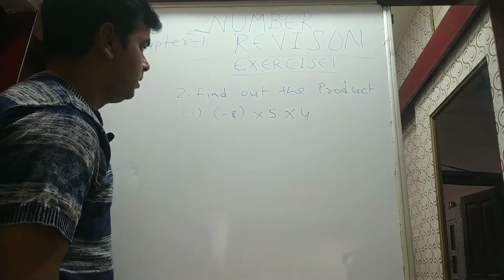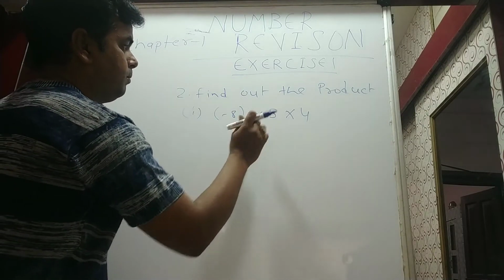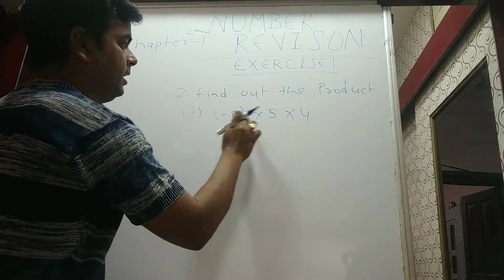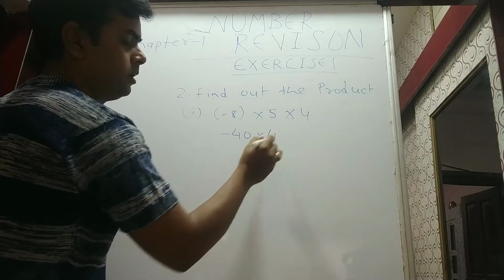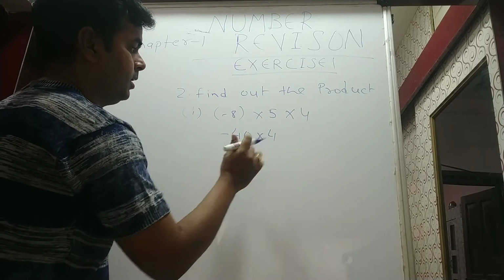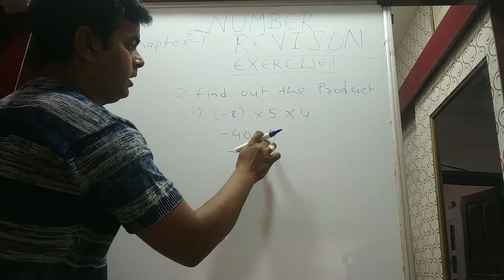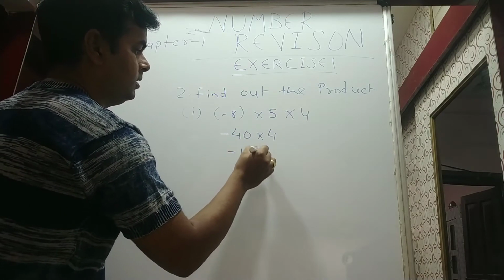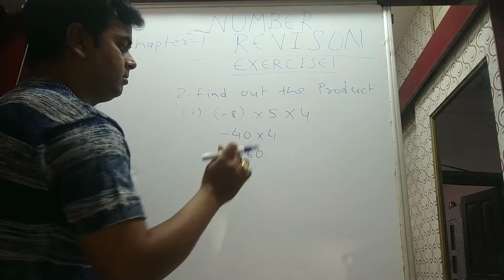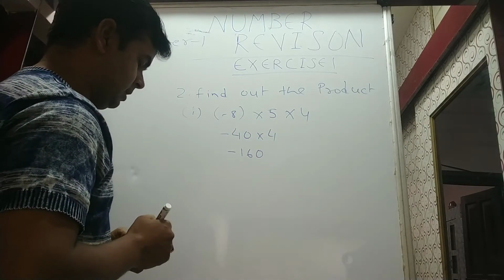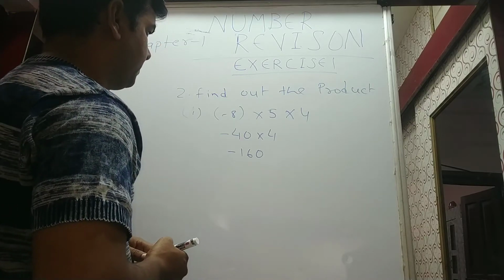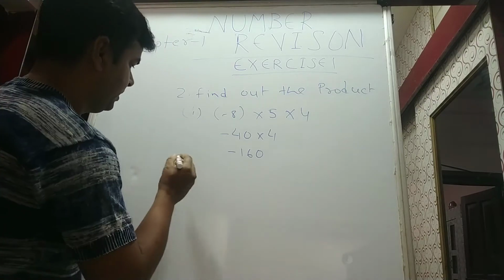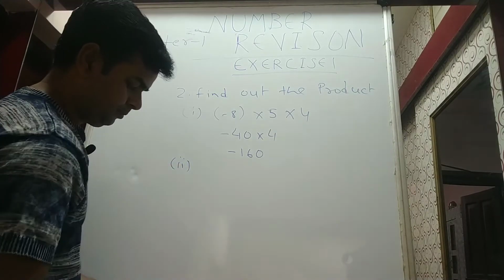So minus into plus minus, 8 into 5 is 40, into 4. Minus into plus minus, 40 into 4 is 160. 4 4s are 16 and 0 becomes 0. So the answer of this one will be 160.